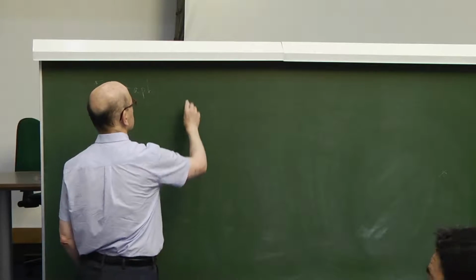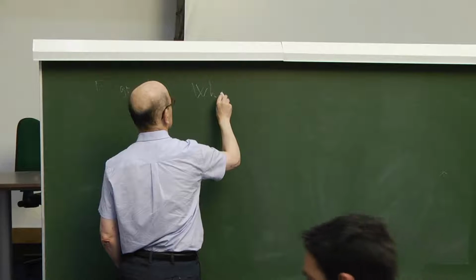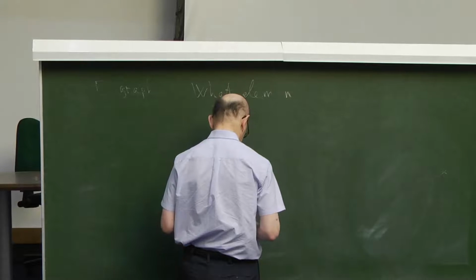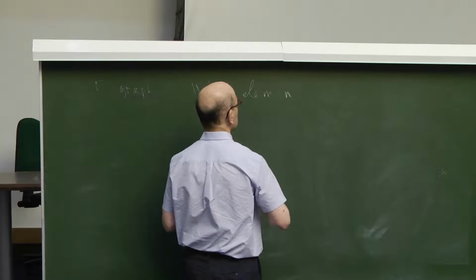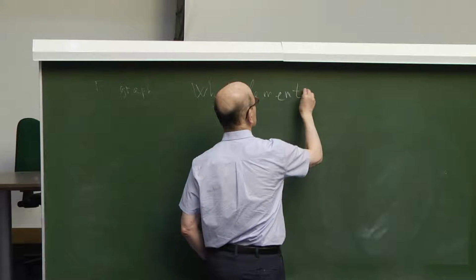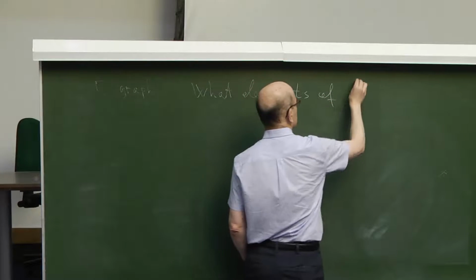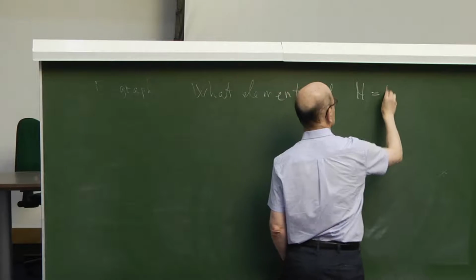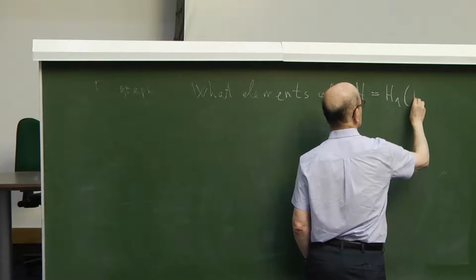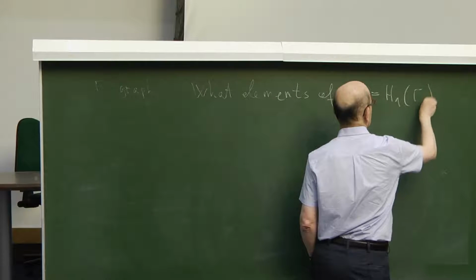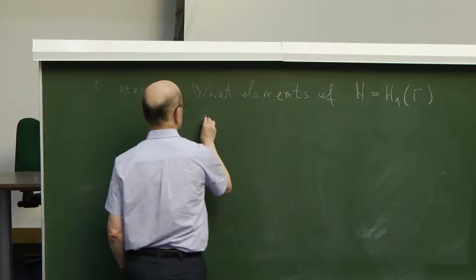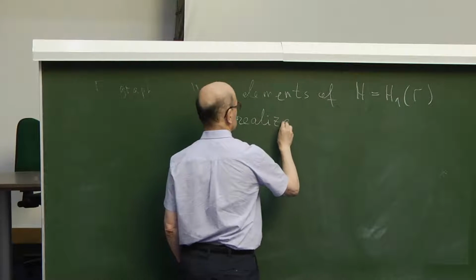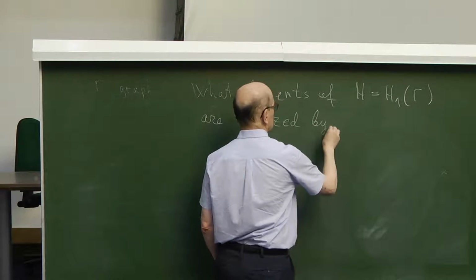And the question is, what elements of the first homology group, let's say H, are realized by embedded circles.